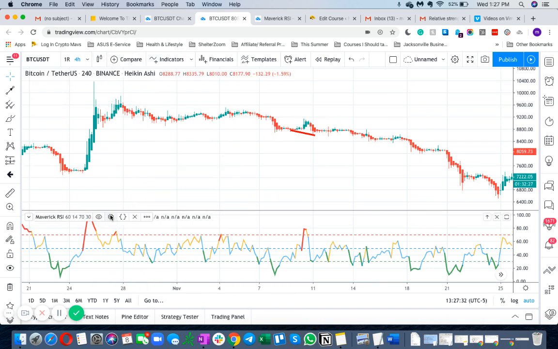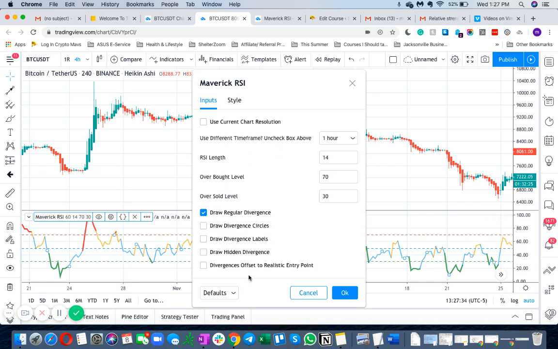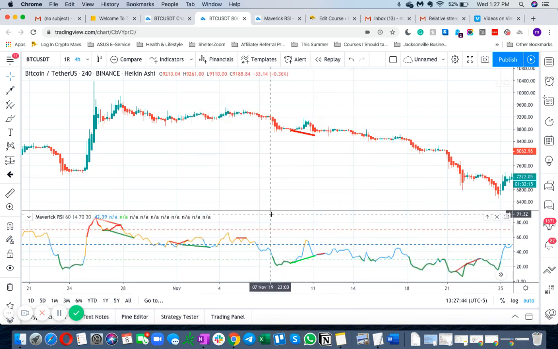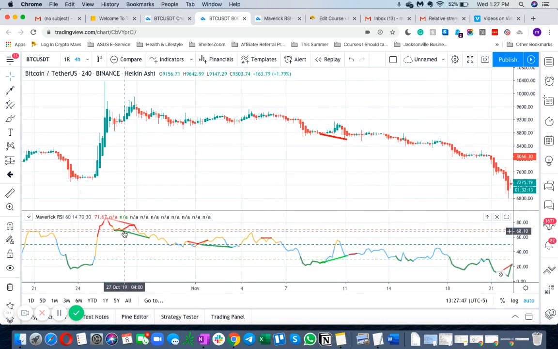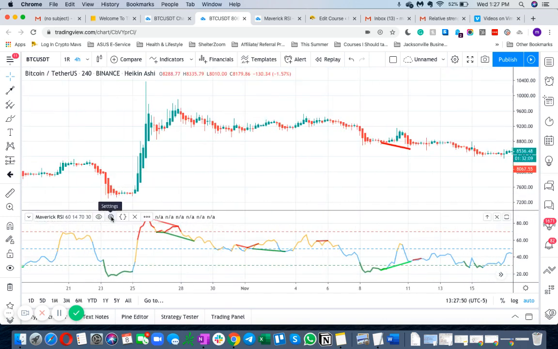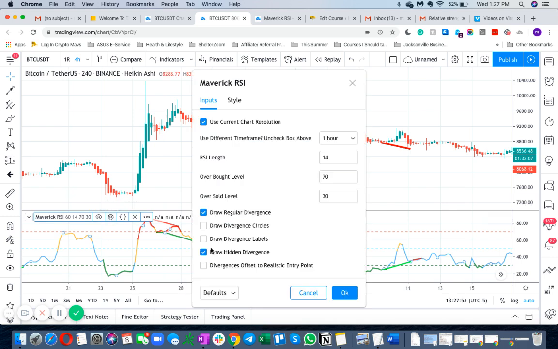And then another thing I'd like to mention is we also have hidden divergence. Let me go back to using my normal time frame. So let me show hidden divergence. What this does is it looks for hidden divergence. Again, I'm not going to get into the exact difference in this video because I don't want to make this too long. That'll be a separate video.